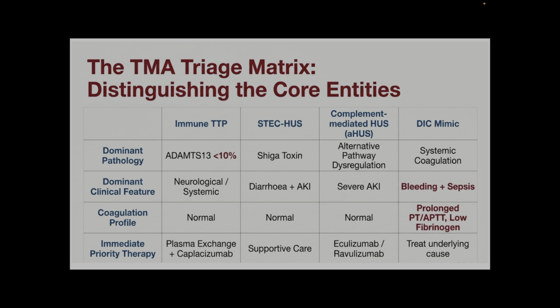And DIC is an important mimic, particularly when there is sepsis, bleeding, prolonged coagulation times, and low fibrinogen. Therefore, the diagnosis is not simply TMA. We need to ask which TMA is this and what mechanism is driving it, because the treatment pathway changes accordingly.